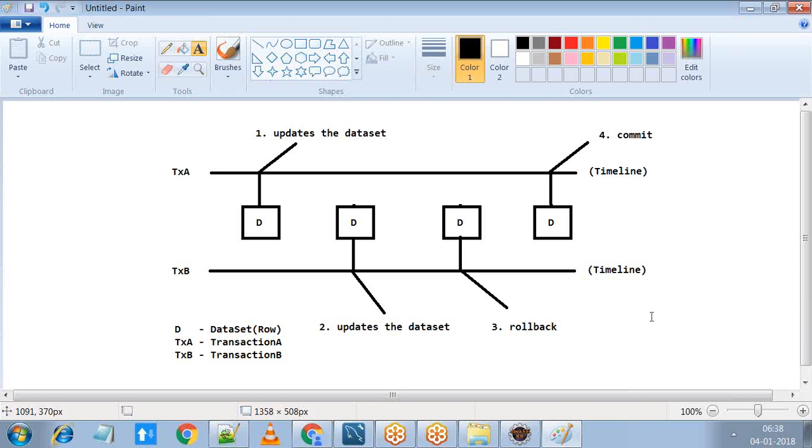The changes will be undone. You see, transaction A did an update.